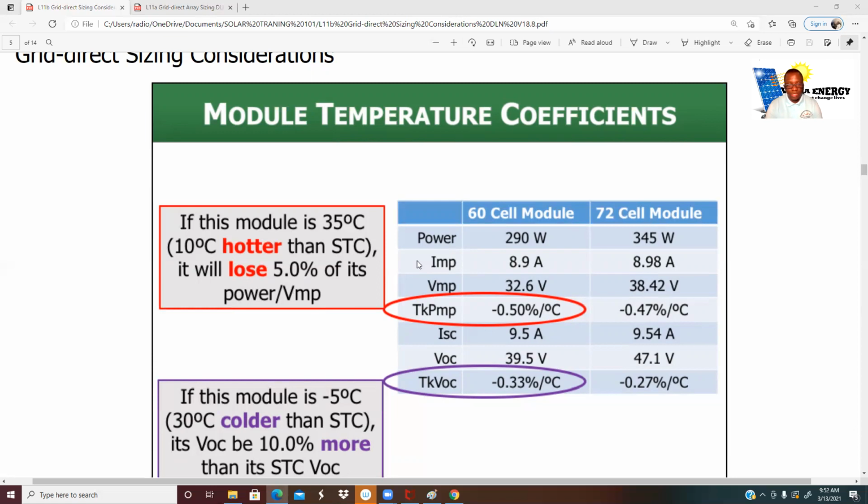So if this model is at 35 degrees Celsius, 10 degrees hotter than STC, it will lose 5.0% of its power, PMP.